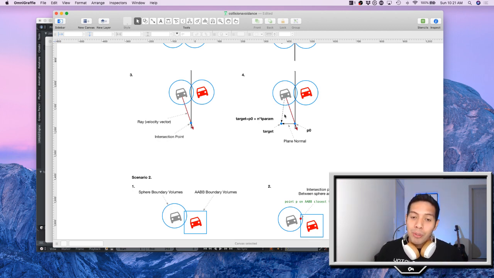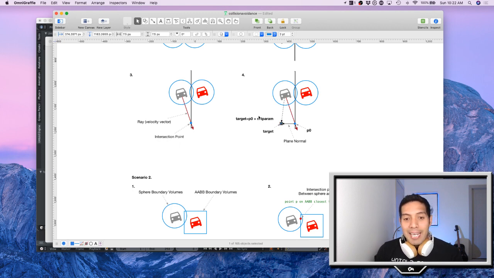Steer towards the new target position. I determine that target position using the intersection point between the ray and the plane, and the normal vector of my plane, thus creating this new position.